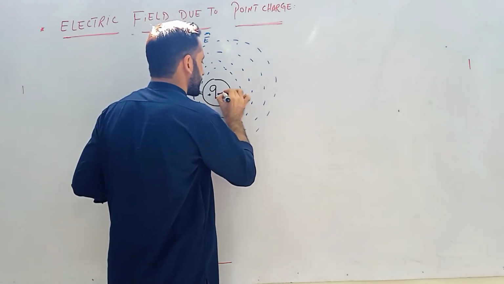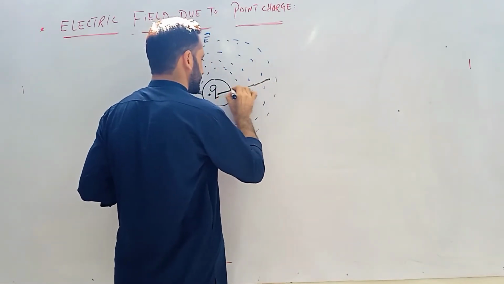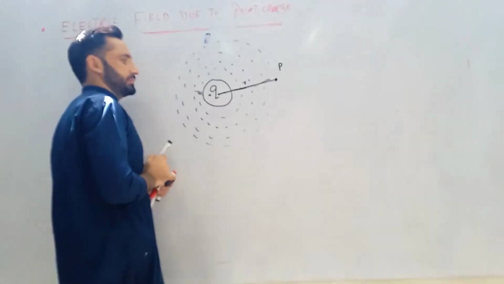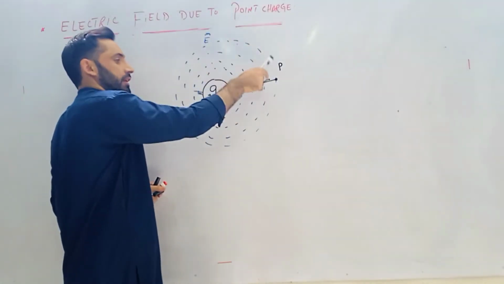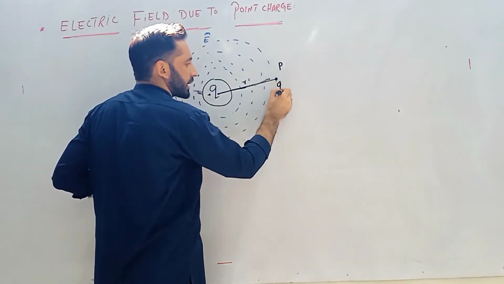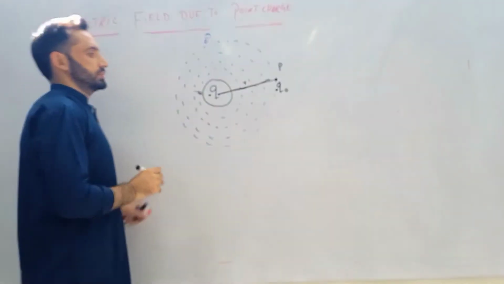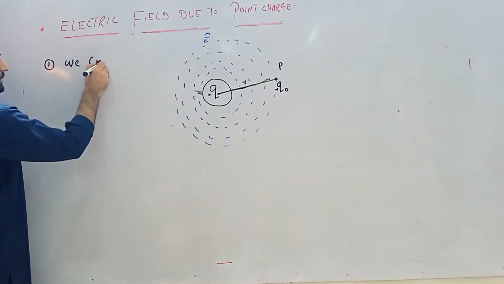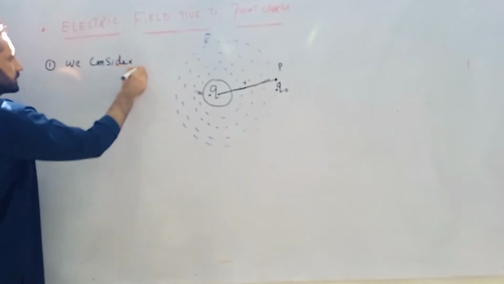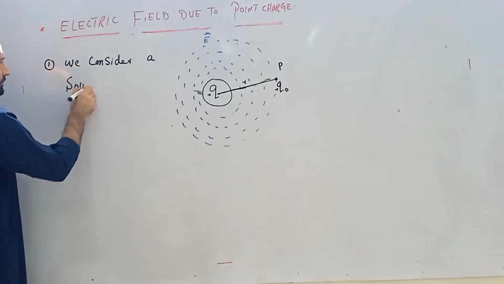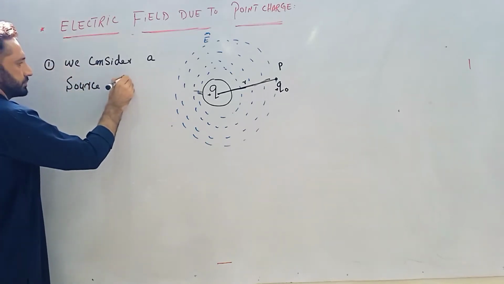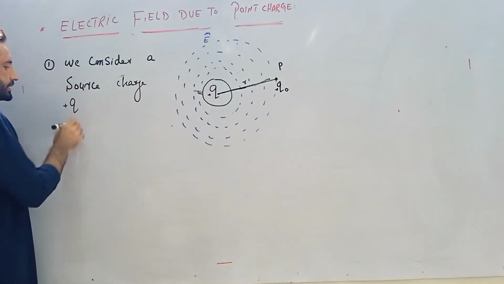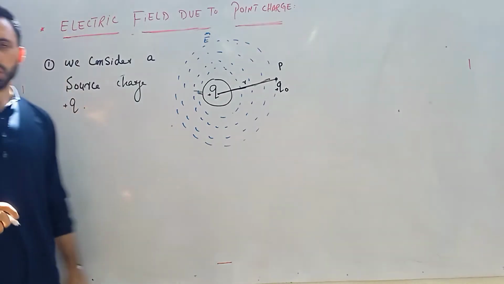For our body we consider a test charge. The first step: we consider a source charge, plus Q.